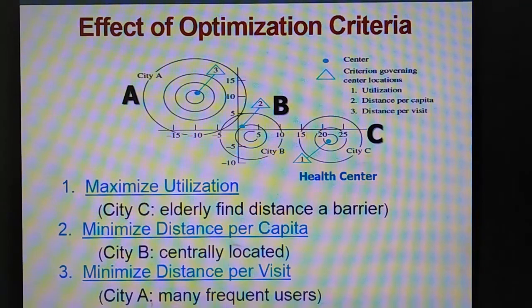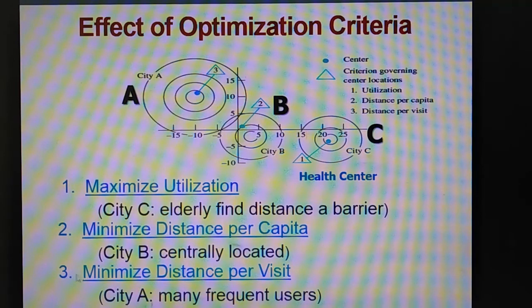What are the most optimizing criteria considered for a service location to be chosen? In the book, it is highlighted that there are 3 criteria. Basically, the first criterion is the service center utilization. Second is the service center distance within the population.